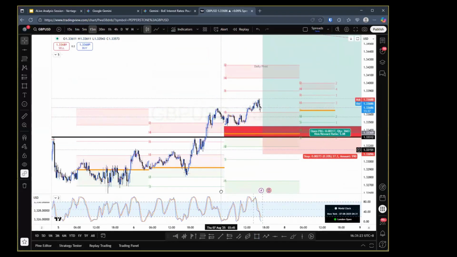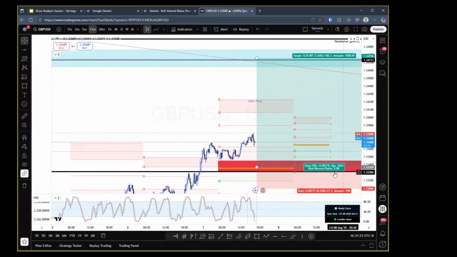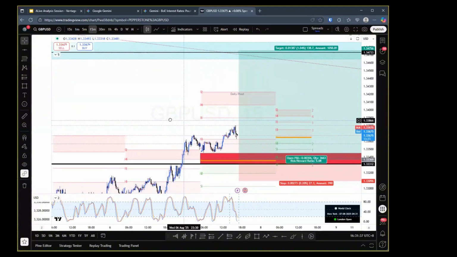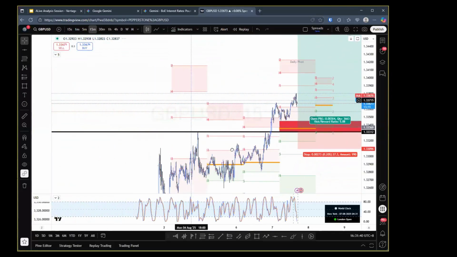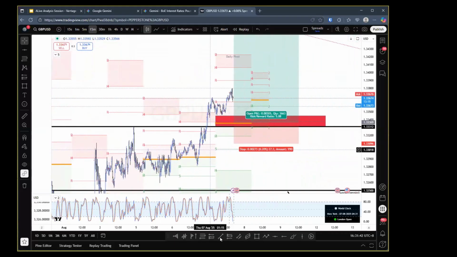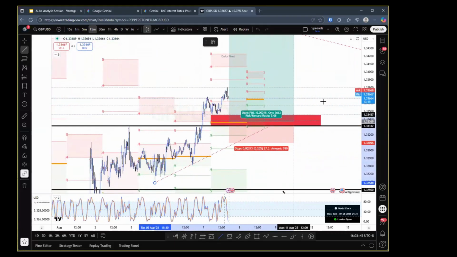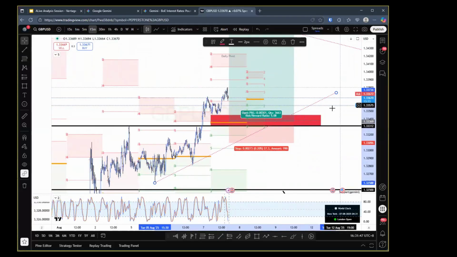So this is a little bit, this is 1:5. You can take a bet. Probably the best bet would be around this red zone here. There might be some algos that are taking this move here.